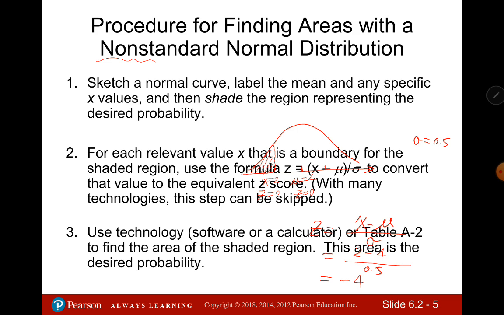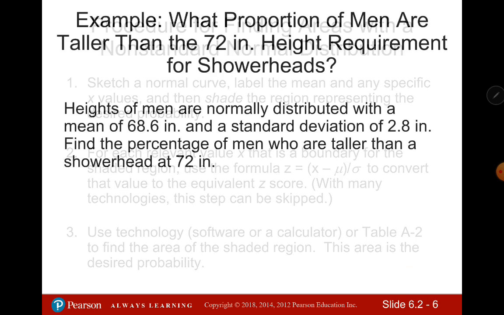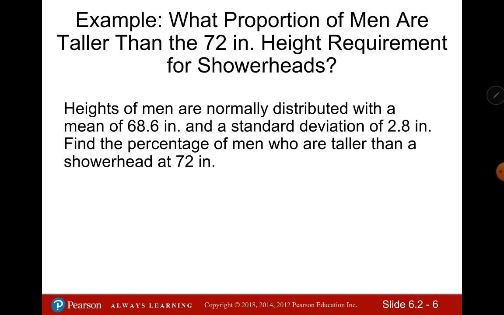Step 3, after we have the z, we use technology or the z table to find the area we shaded. So in our class, of course, we need to check the z table. Let's check this example.